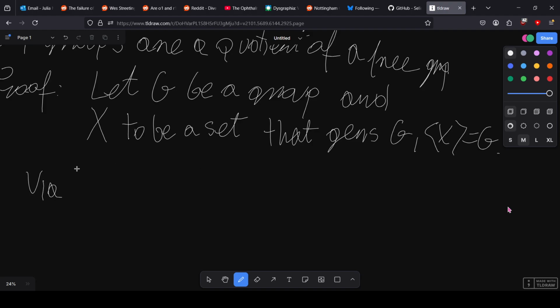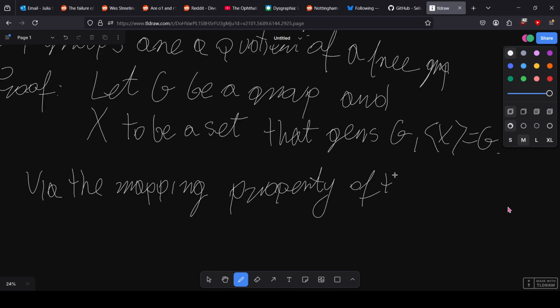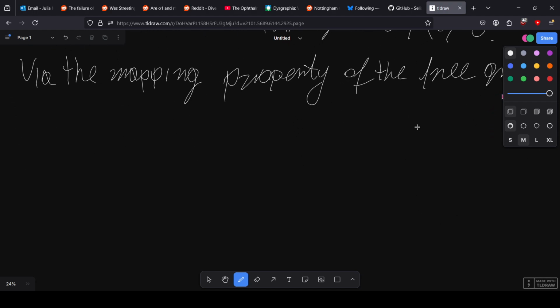Via the mapping property of the free group, we have something like this. We have X that we can include into G via some map f.